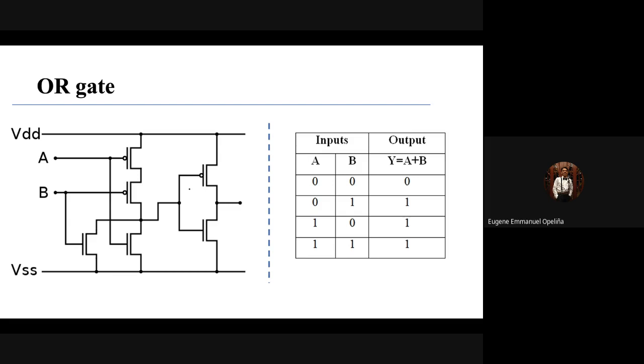Then sa PMOS sa B is high, on. This one is off and on. So your output is low.